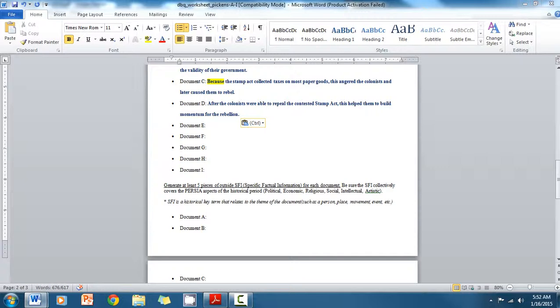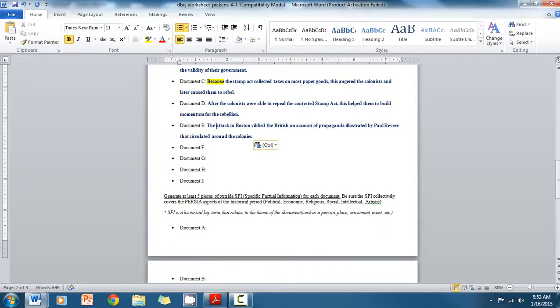The next document, document E, jot down a short sentence about why or how it supports the thesis. And so the attack in Boston vilified the British on account of propaganda illustrated by Paul Revere that circulated around the colonies. So the British are also going to be vilified. All of this supports the thesis of the various different causes of the revolution.